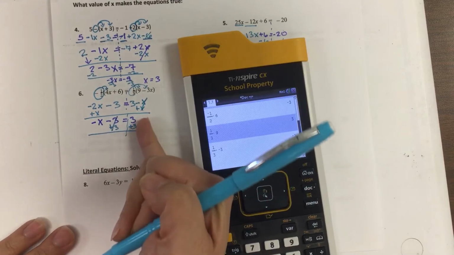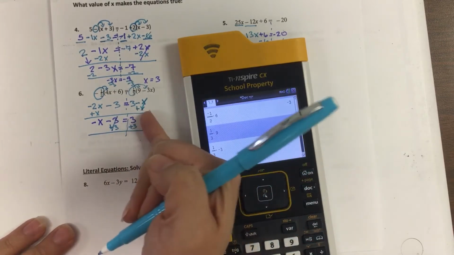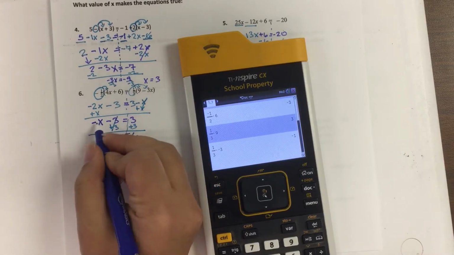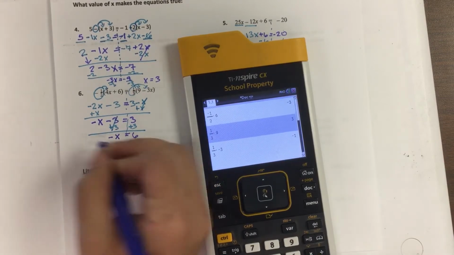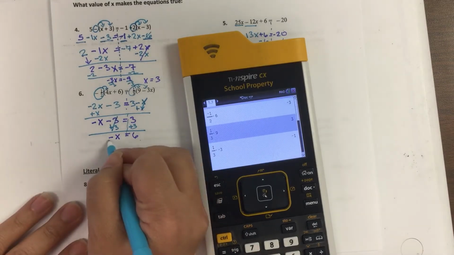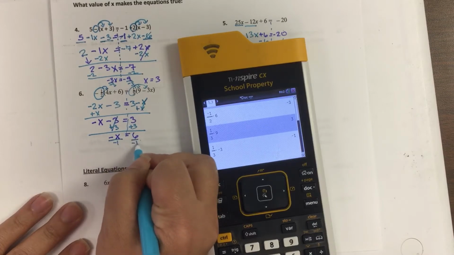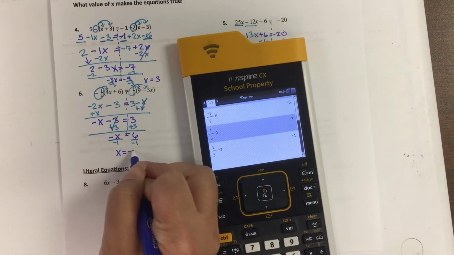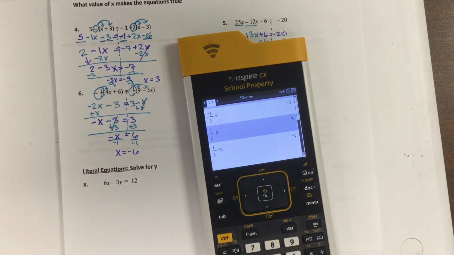These cancel out, but over on the right they don't, because it's a positive 3 plus another 3, which gives us a 6. But that 6 is equal to a negative x. Now when we're solving, we want that x to be positive. So to get this x positive, I need to divide both sides by a negative 1. When I do that, I am left with x equals negative 6.